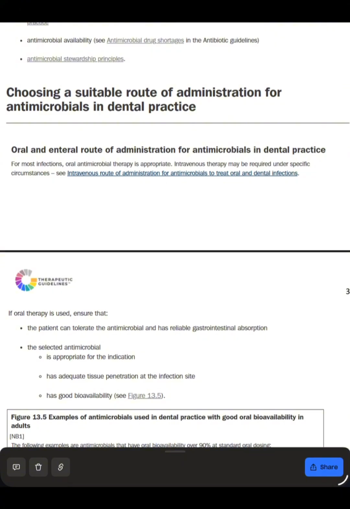Choosing a suitable route of administration for antimicrobials in dental practice. Now, oral and enteral route of administration for antimicrobials in dental practice. For most infections, oral antimicrobial therapy is appropriate. Intravenous therapy may be required under specific circumstances. What are those circumstances? We will read it later.